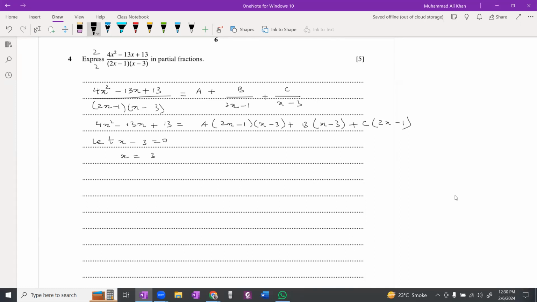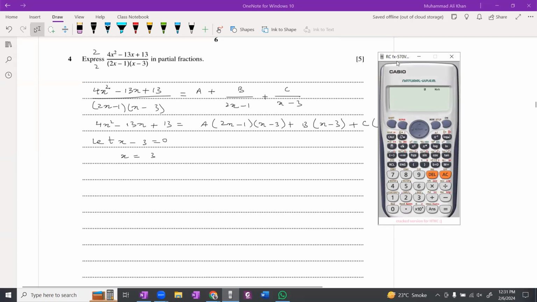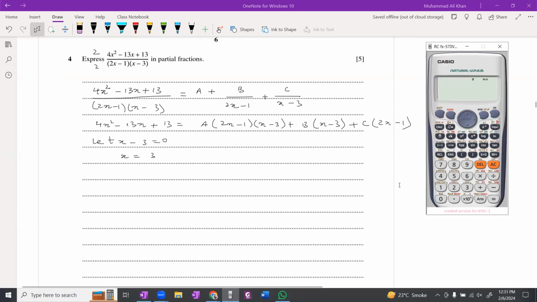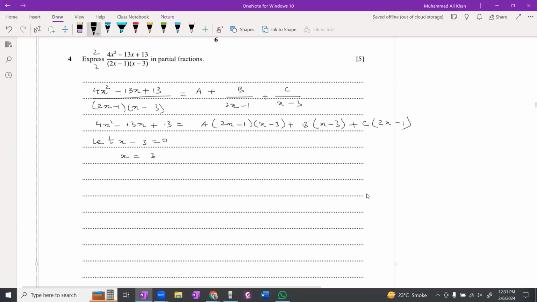So now, if the value of x is 3, then the left hand side will be 4 multiplied by 9 minus 13 multiplied by 3 plus 13. The left hand side is 10.